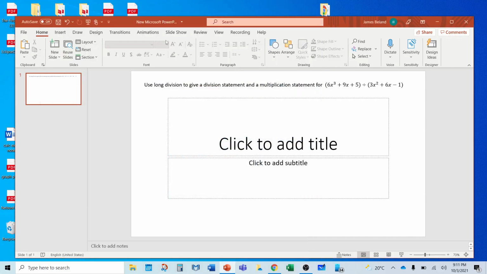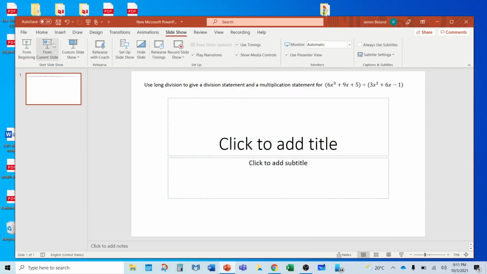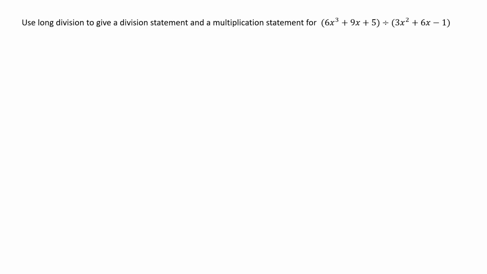For this question, we're going to use long division to give a division statement and a multiplication statement for the question shown. One thing I recognize right away is that my dividend does not have an x squared term, so I'm going to make sure to put one in.